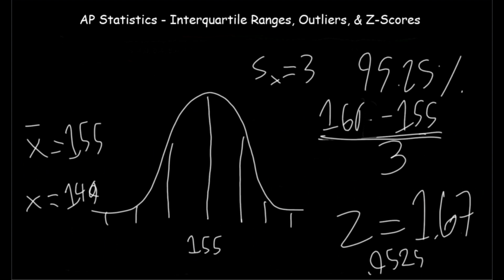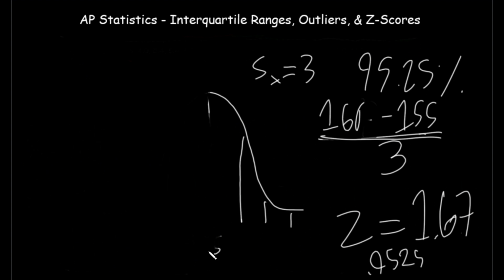That basically means in that distribution, if you have 160, you are in the 95.25th percentile, which basically means there's only a vast minority of people who are ahead of you in this distribution. So again, depending on what the distribution measures, that could either be really good or really bad. You never know. But that's basically how z-scores work.